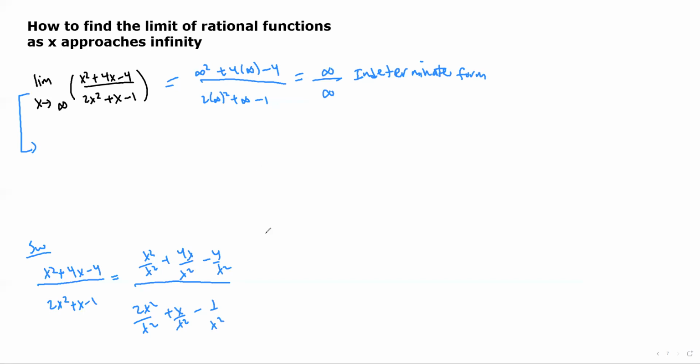Okay, so now I simplify a little bit. So x squared over x squared, well, that's just going to give me 1. Okay, and then I have 4x over x squared, so that's going to give me 4 over x, minus 4 over x squared. Sorry, that's a plus there. In the denominator, again, the x's are going to cancel. I have 2 plus, and then one of the x's is going to cancel. That gives me 1 over x, and then minus 1 over x squared.